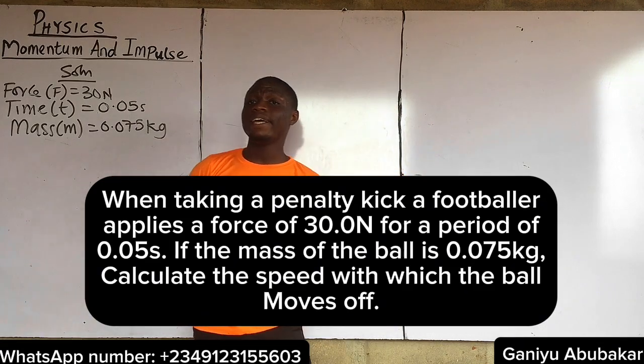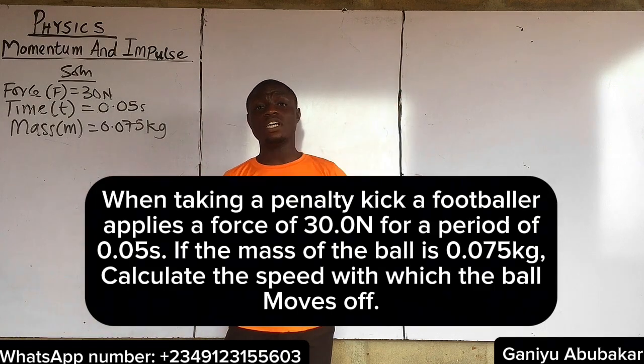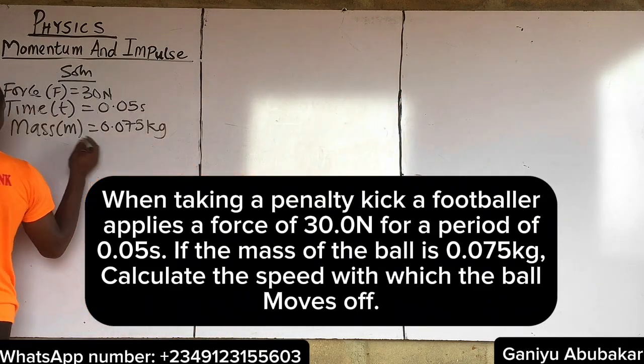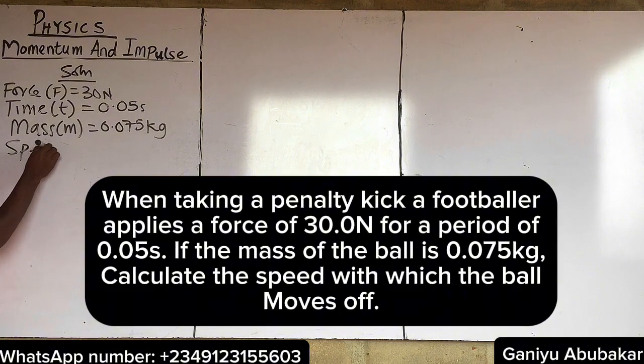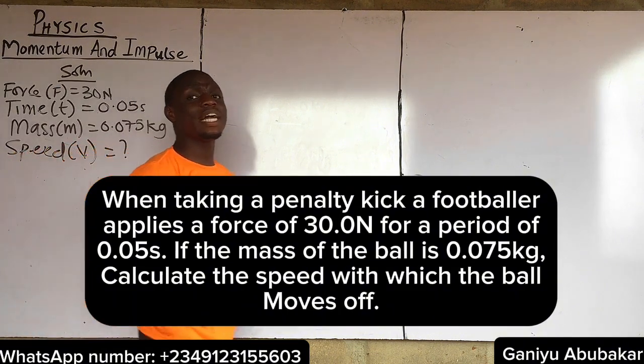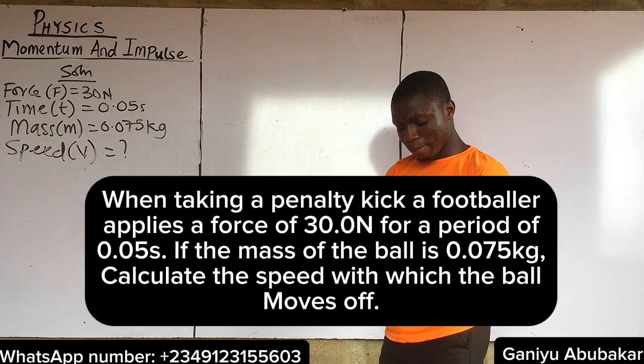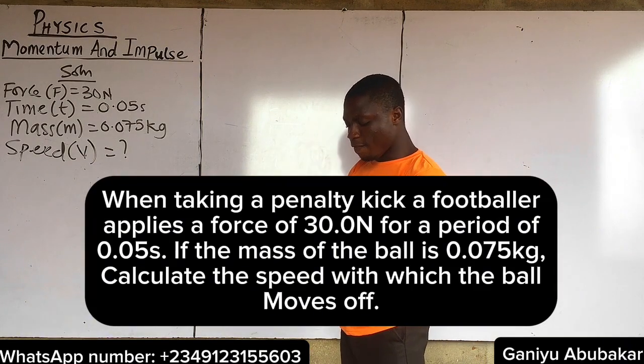So the speed there, we said speed and velocity are the same thing, because they have the same SI unit. So I'm looking for the velocity here, which is speed. Speed, that's my v, is unknown. How do you get velocity from this question here? Alright, velocity, that's v.